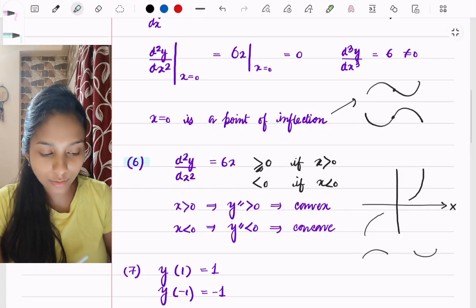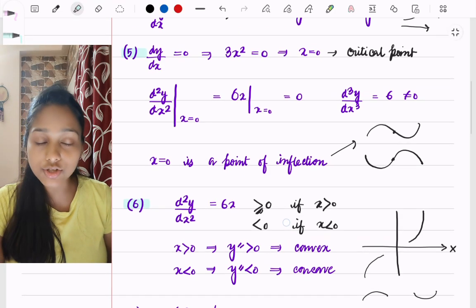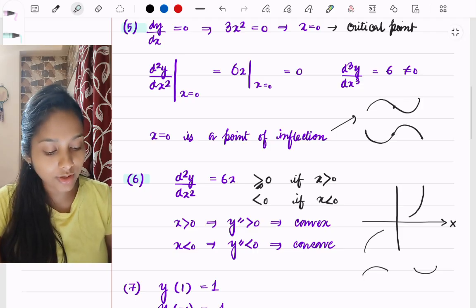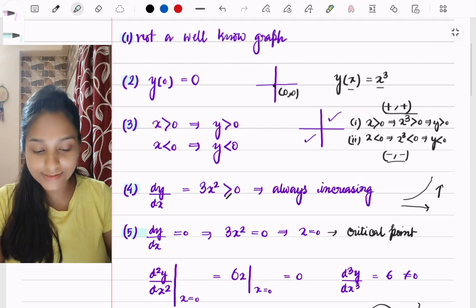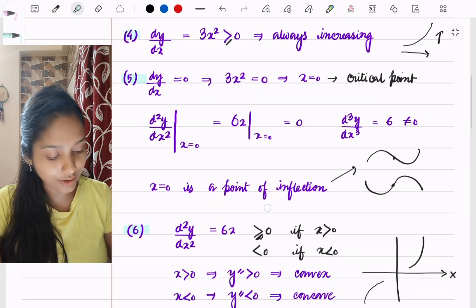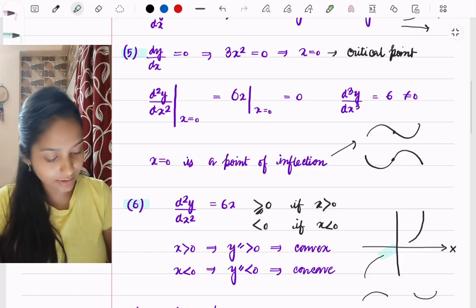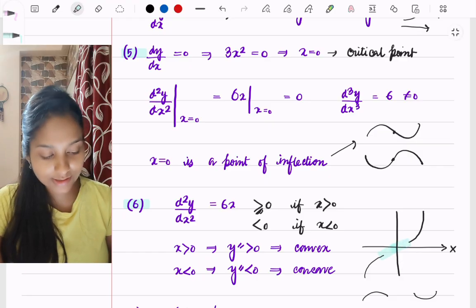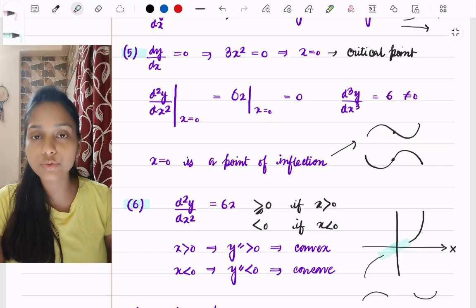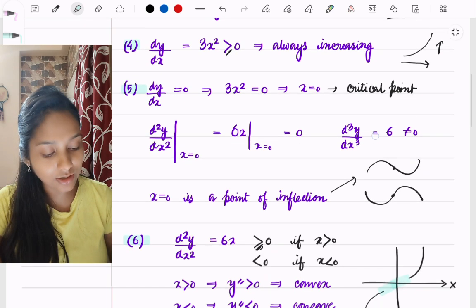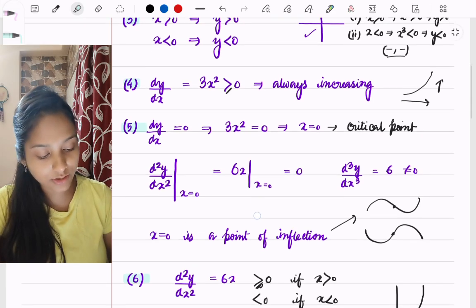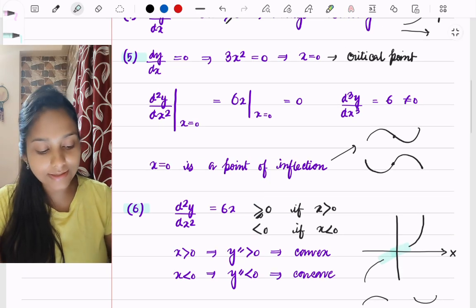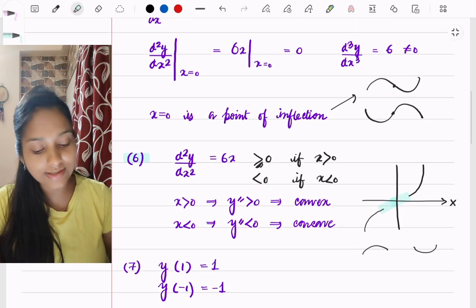So we have this kind of structure, and if we join it, it satisfies each and every property. From the second property, if we join this part, the function will pass through (0, 0). Again, it lies in the first quadrant and third quadrant. For the fourth property, it is always increasing. The fifth, it has a point of inflection, and it satisfies the sixth property.